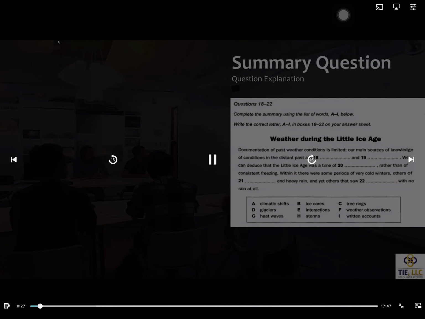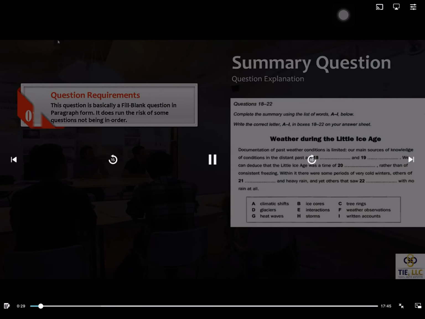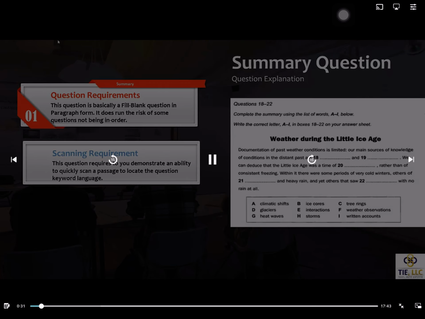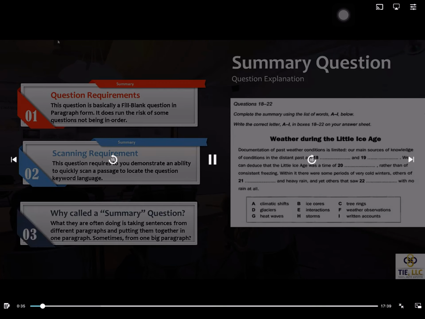Okay, I'm going to try to give you a really good explanation of the summary question. In regards to the question requirements, this is basically a fill-in-the-blank question in paragraph form. It does run the risk of not being in order, and that's different from your standard fill-in-the-blank question.